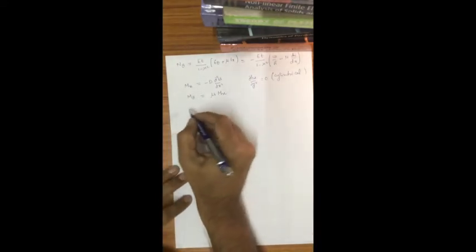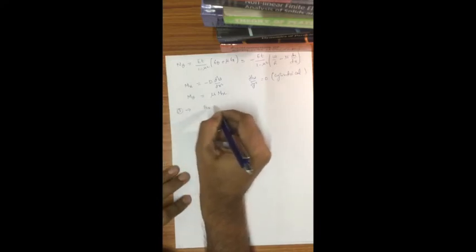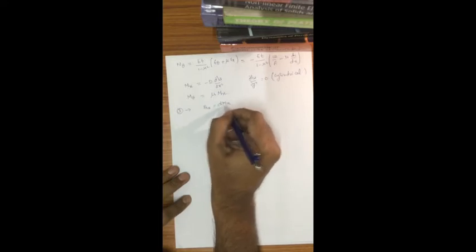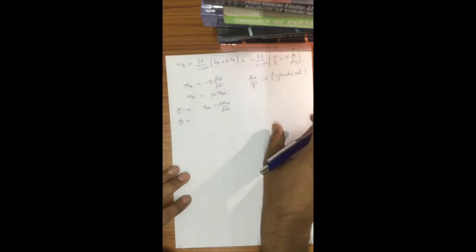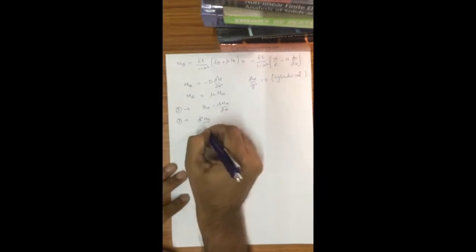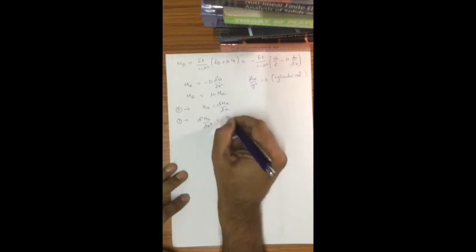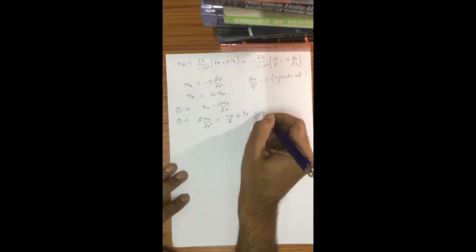Fine. Now from equation number 3, we have Qx is equal to dMx by dx, and from equation 2, I am substituting Qx is equal to dMx by dx, therefore this is equal to d square Mx by dx square plus N theta by r plus pr is equal to 0.